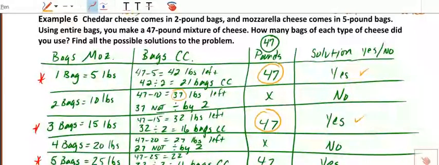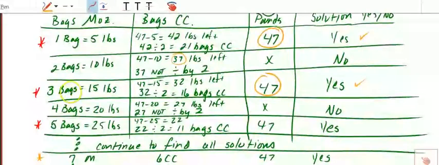Okay, so I just continued on. I said, all right, let's try 3 bags of mozzarella. That would be 15 pounds because they're 5 pounds apiece. If I take those 15 pounds from 47, I have 32 pounds left to make up with cheddar cheese.